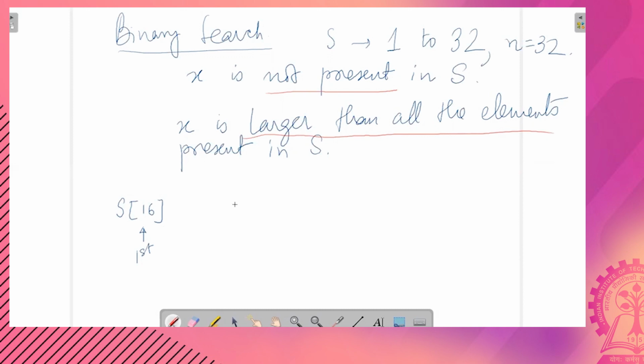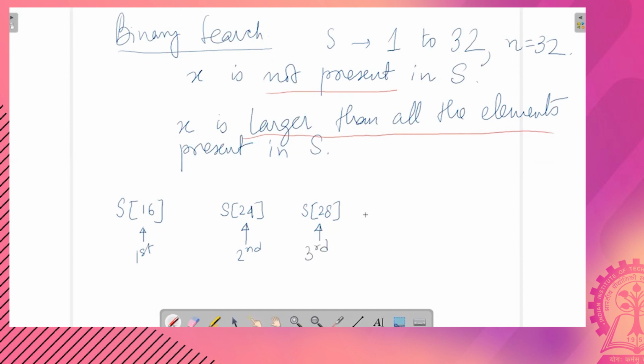Since X is larger than all the elements, the next comparison should be with S24. So this is the second comparison. Now again, this is going to fail. So then we will go to S28 because we have assumed that X is larger than all the elements. So this is our third comparison.